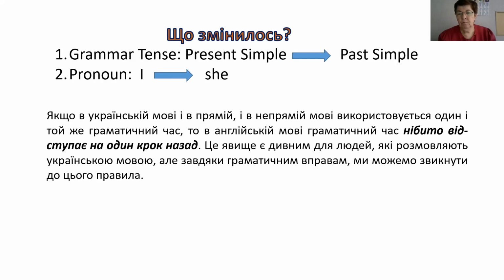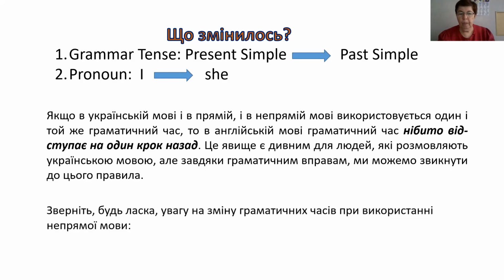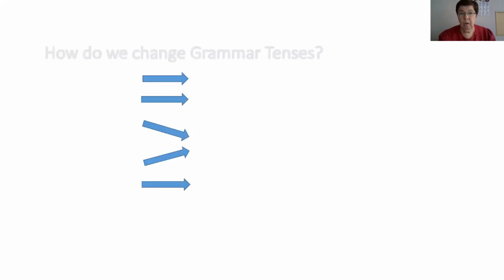This is very strange for people who speak Ukrainian. Only through grammar exercises can we get used to this rule. Please pay attention that changes of grammar tenses go this way.